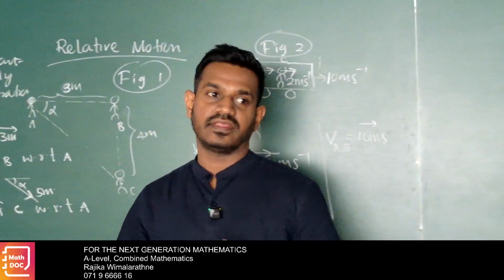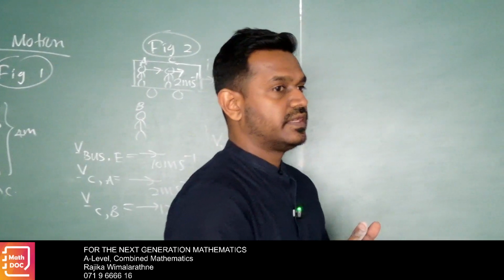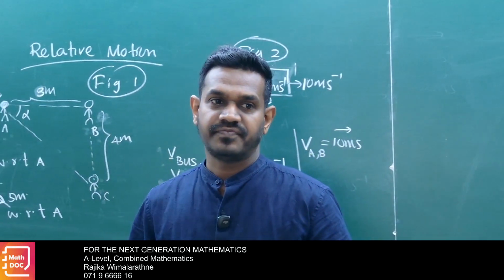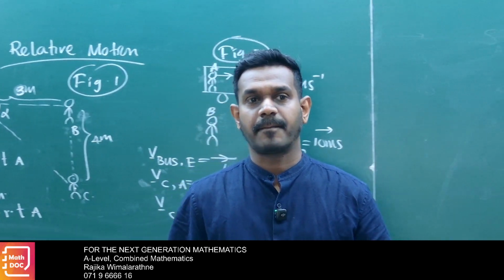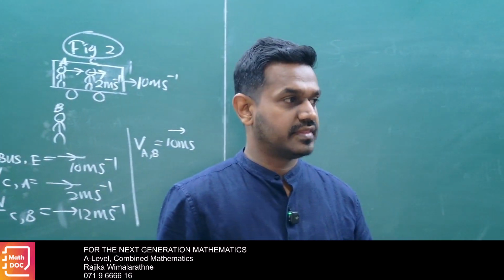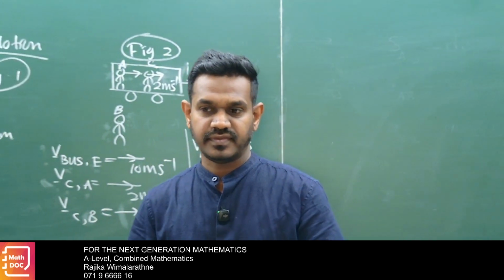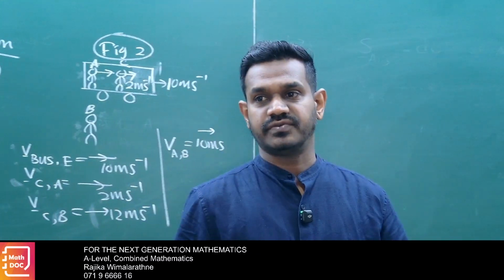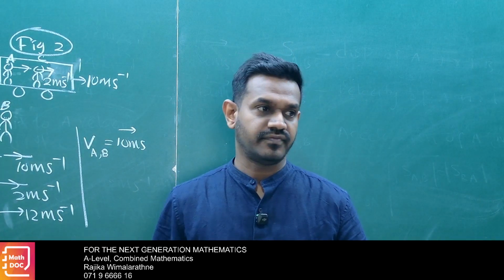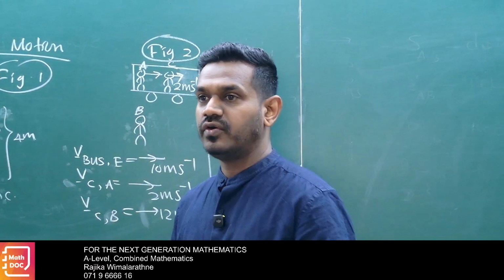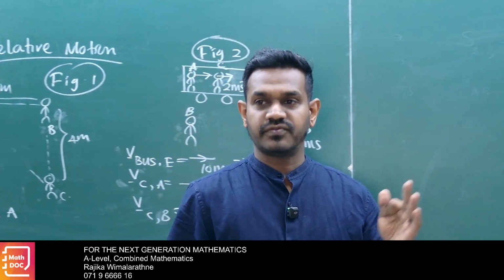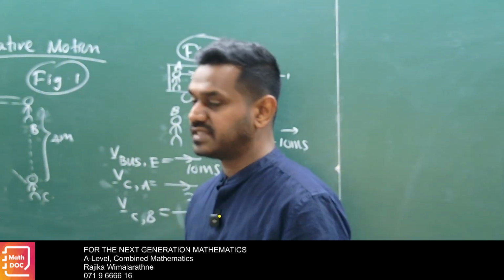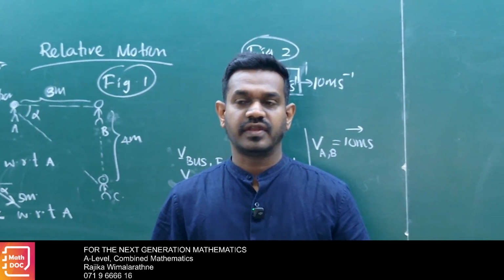Put another star mark. The velocity of A with respect to B means the velocity of A where B observes, or the velocity of A when B is at rest.